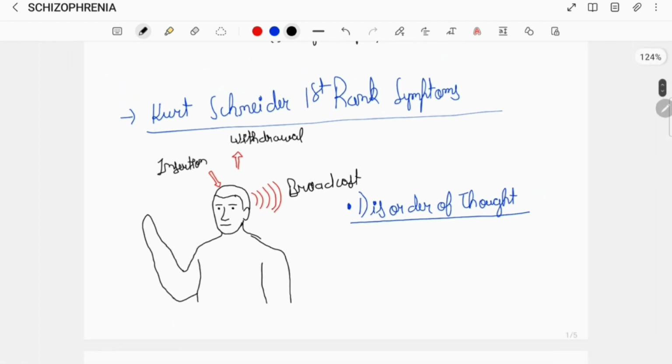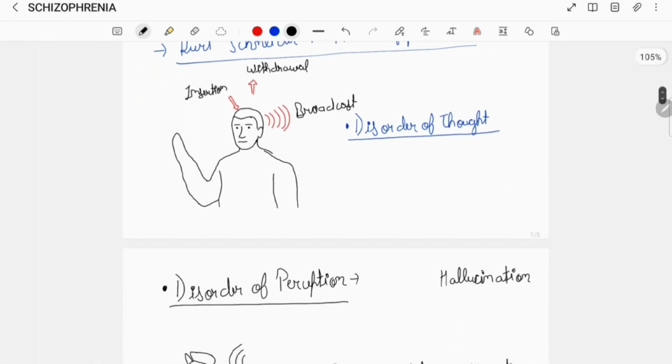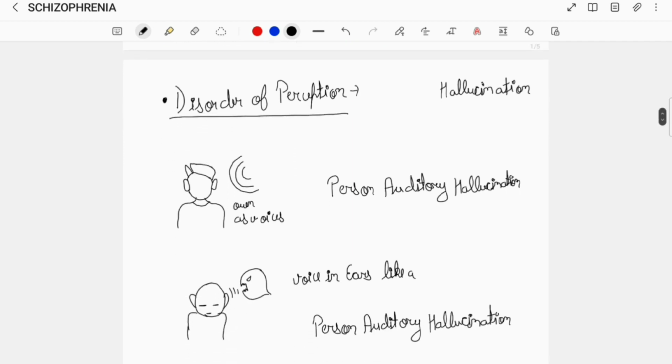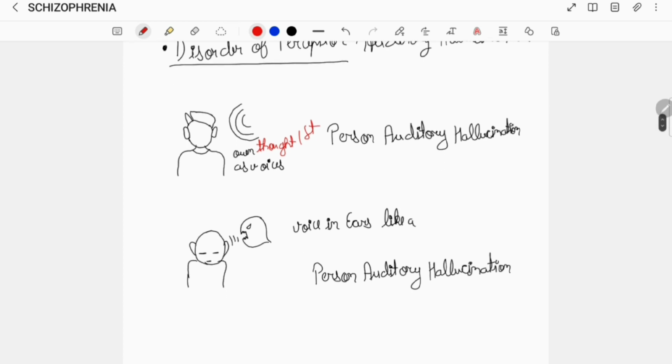Second, we have disorder of perception, which includes auditory hallucination. Now, these auditory hallucinations can be of three types. Either there can be a first-person auditory hallucination, wherein the individual hears his or her own thoughts as voices.